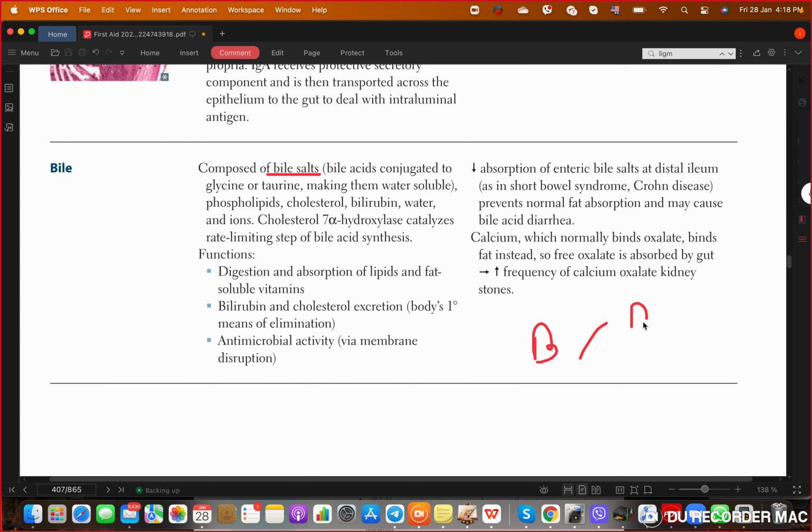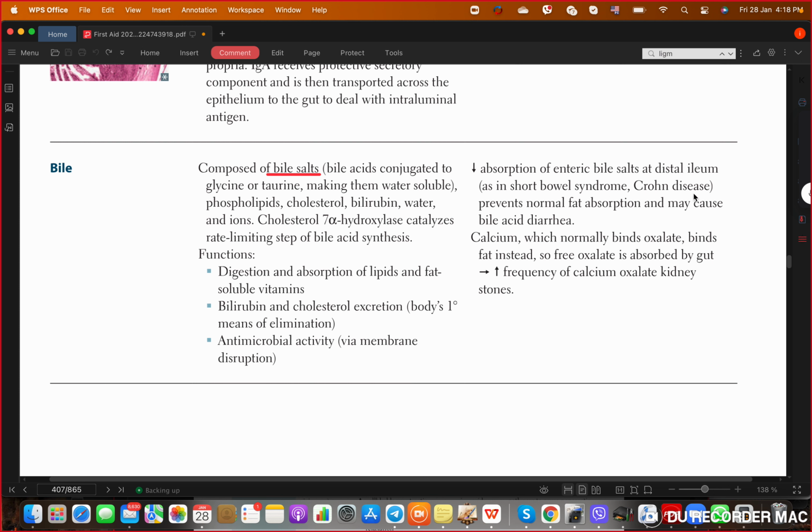Bile salts, bilirubin, cholesterol. The other ones are not that important, but these three are important, okay? So bilirubin and cholesterol we eliminate, but the bile salts we need to reabsorb. Where do we reabsorb it? In the ileum, okay?